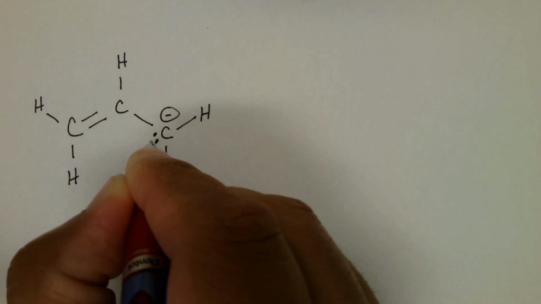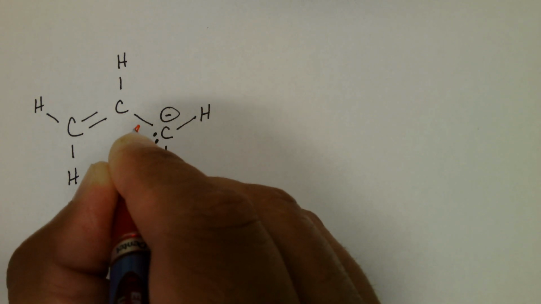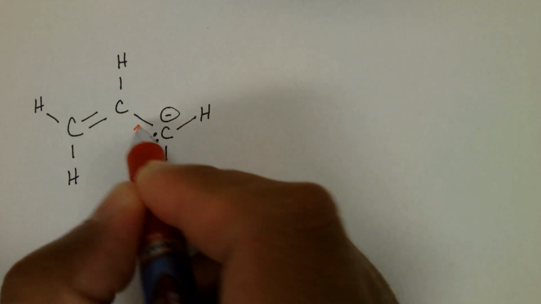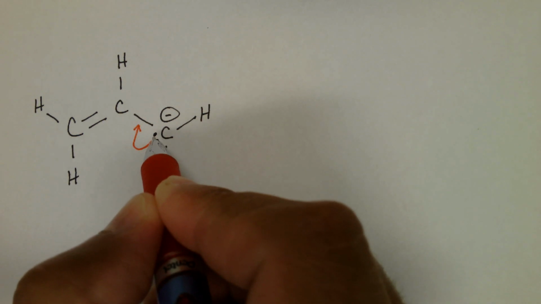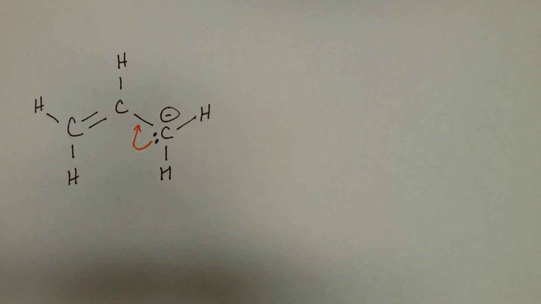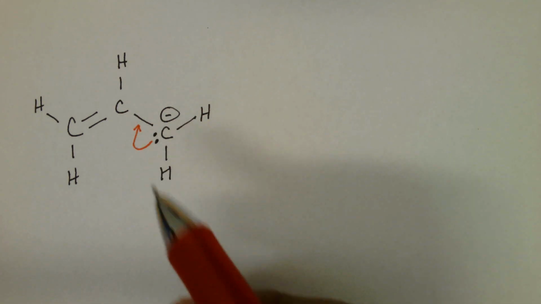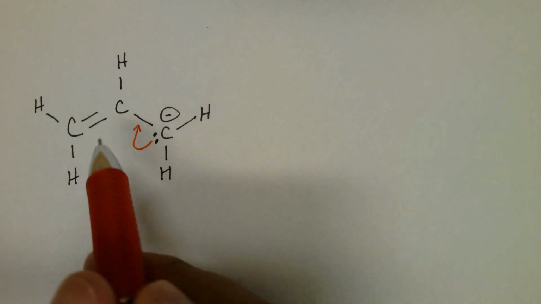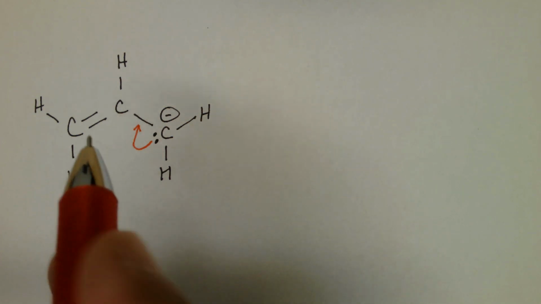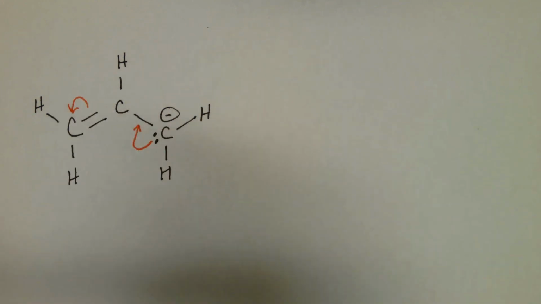The arrow always starts on a pair of electrons and goes in between carbon atoms, which I'll show here. So this represents a new bond. I'm using the full-headed arrow to show a pair of electrons is moving. We can't break the octet rule for this carbon, so I'll show these pi electrons going on to the next carbon atom.